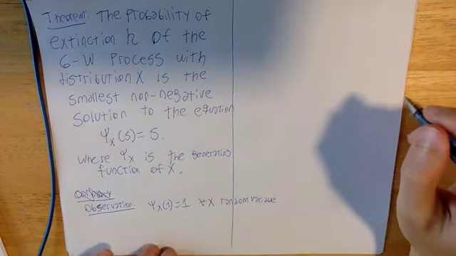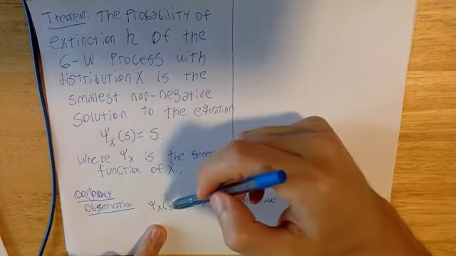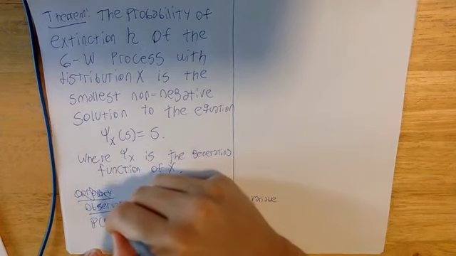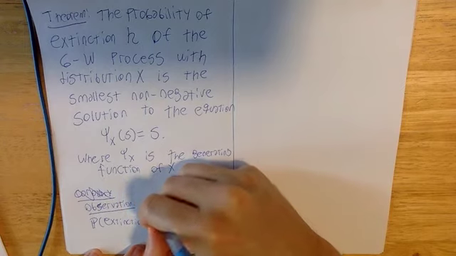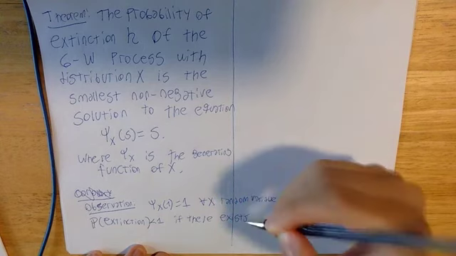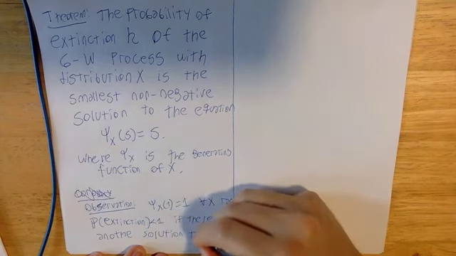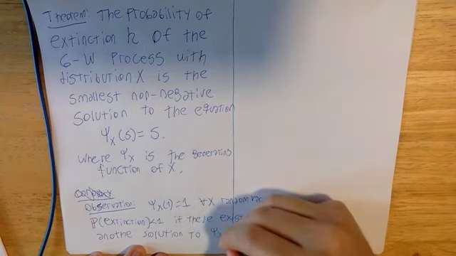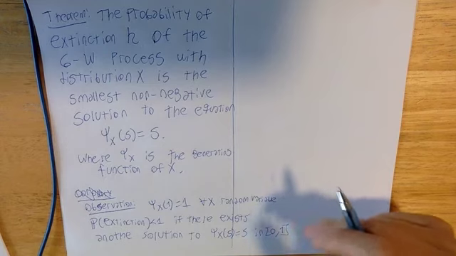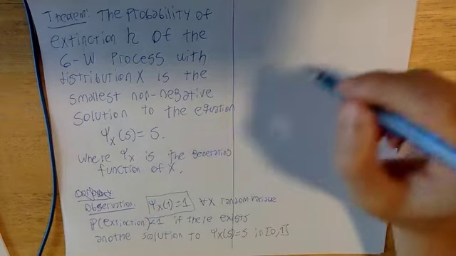Okay, so the probability of extinction is less than 1 if there exists another solution to phi x of s equal to s in 0, 1. Okay, so then the only thing that you need to check is if there exists another solution, because we always know that this one is a solution.